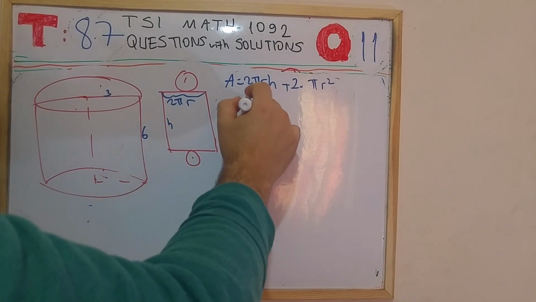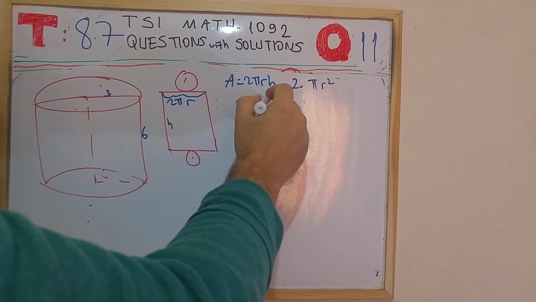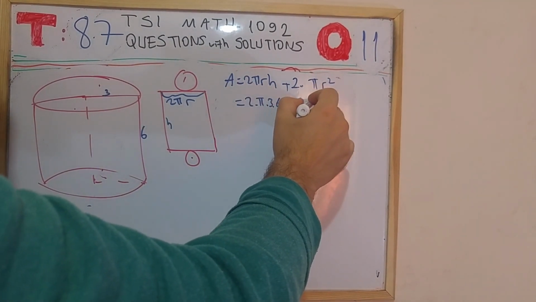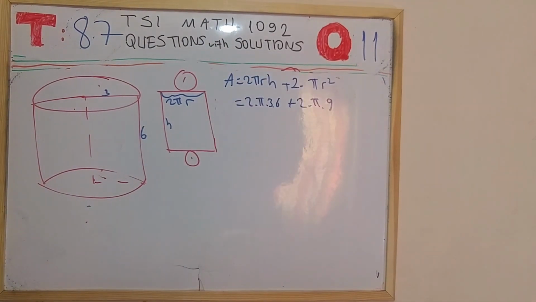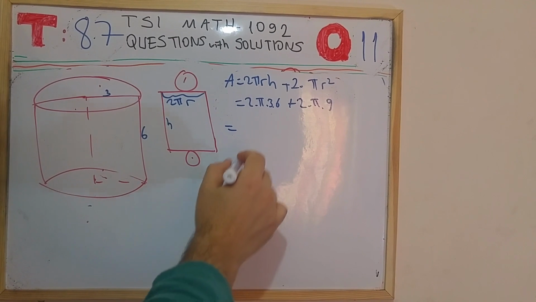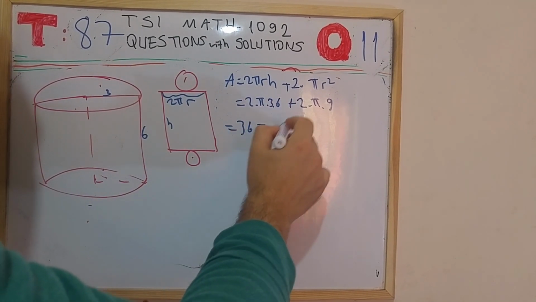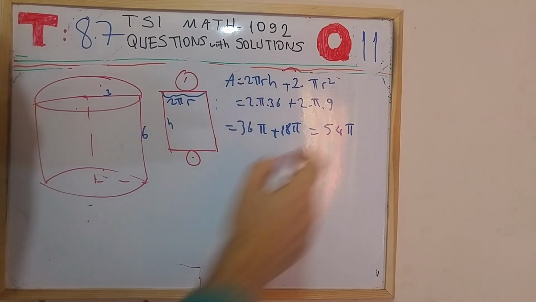So what I have is 2 times pi times 3 times h, which is equal to 6, plus 2 times pi times r squared, that is 9, 3 squared. This is equal to 36 pi plus 18 pi, which makes 54 pi.